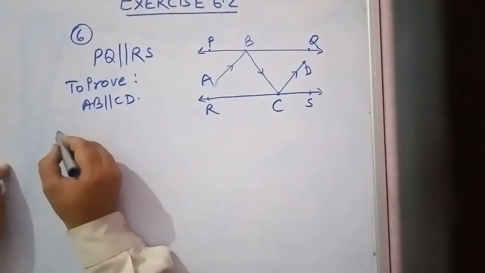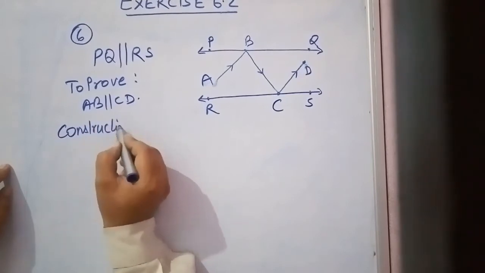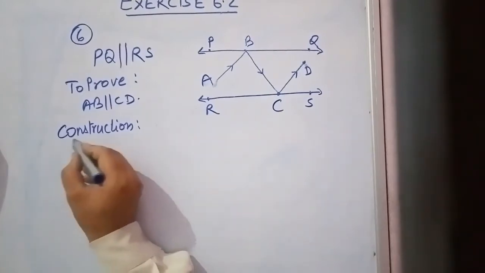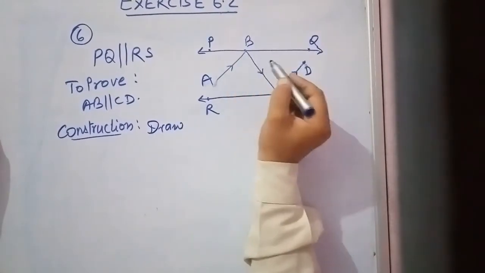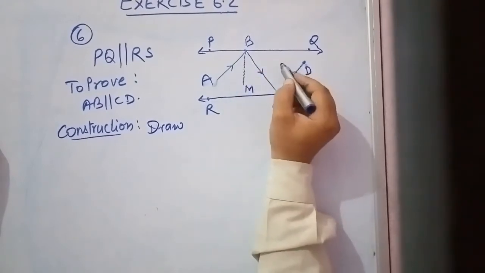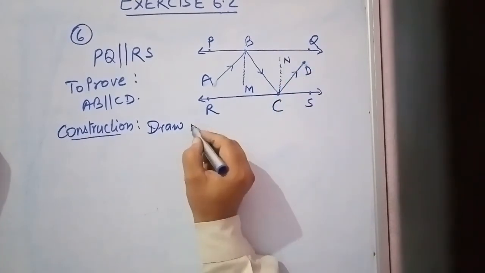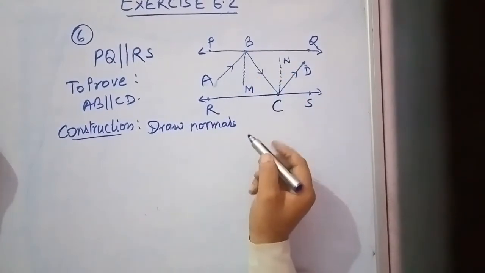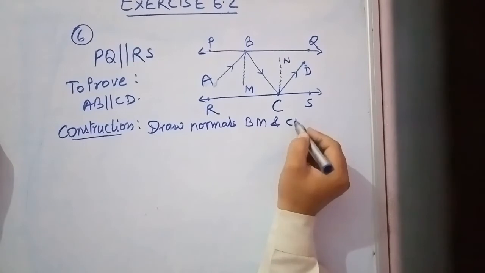Now some construction. Draw normals, suppose BM and CN. Normals are also called perpendiculars, normals BM and CN.